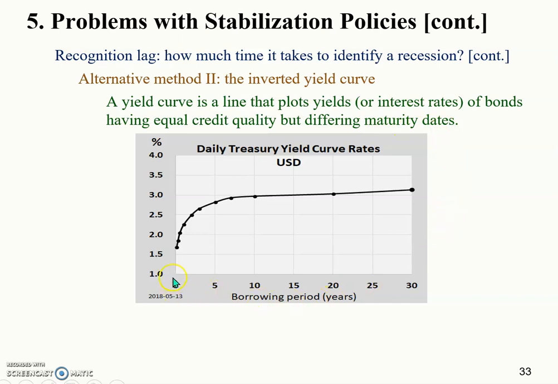And so as you can see, when you purchase a 3-month treasury bill, that means you lend the money to the Treasury Department for only 3 months, then the interest rate is slightly above 1.5%.